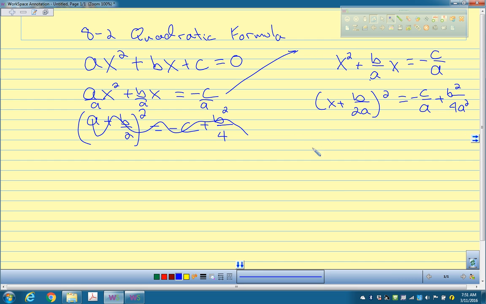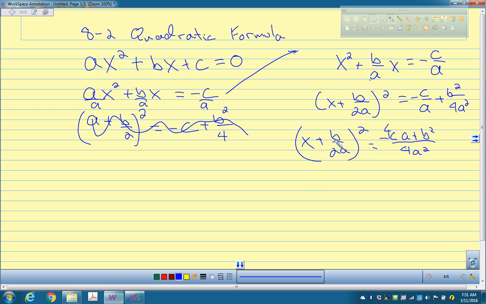Then I find a common denominator, 4a squared, multiplying this term by 4a, and I get negative 4ac plus b squared, the whole thing over 4a squared.